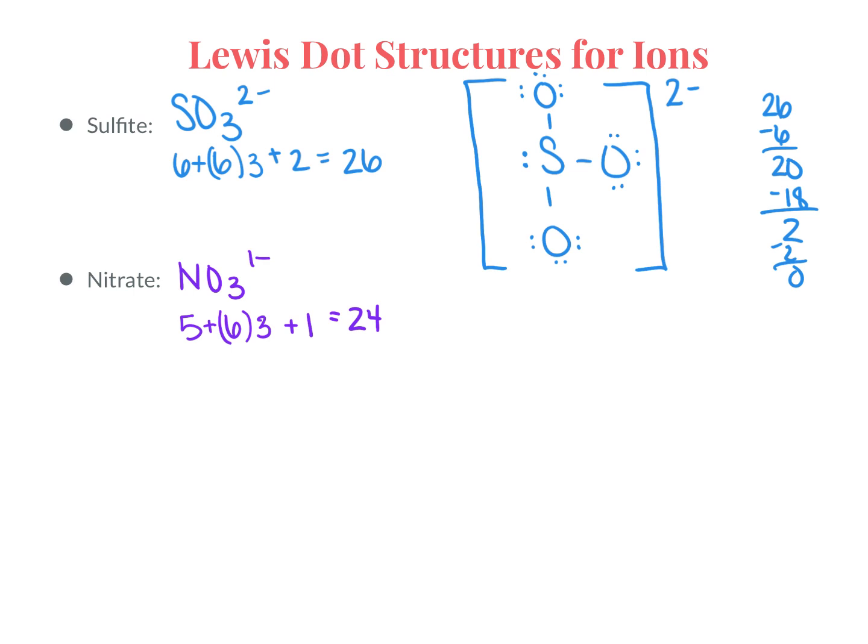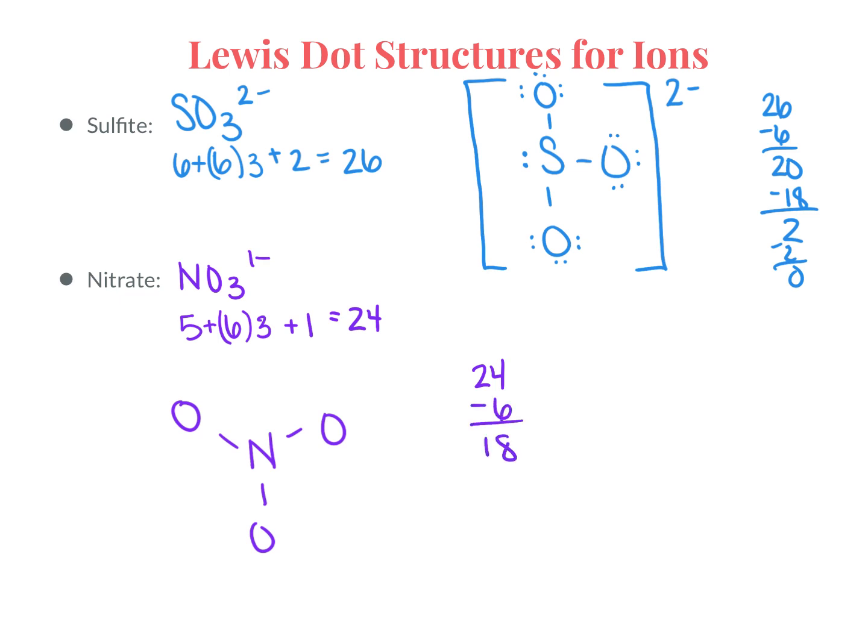Now we're going to draw it. Which element goes in the middle? Nitrogen's going to go in the middle. I'm going to spread out the oxygens. We started with 24. How many are used in those 3 single bonds? 6.